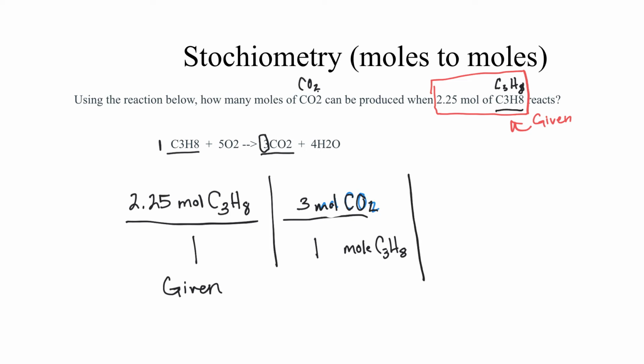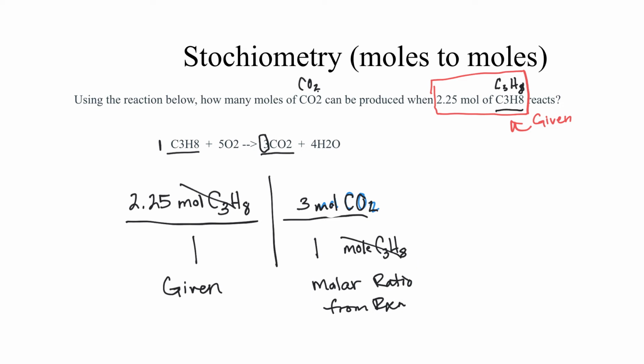And now, notice that our moles of C3H8 cancel, and we're at moles of CO2, so we've just used the molar ratio from the equation, or the reaction. And now we're done. I forgot we were just going to moles.